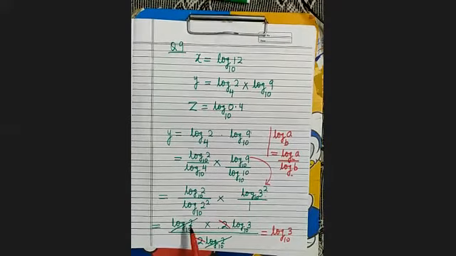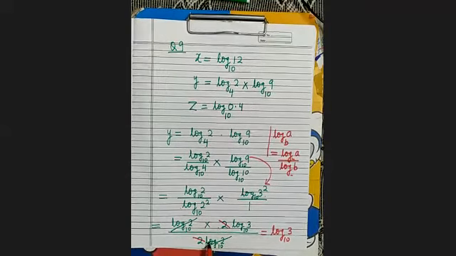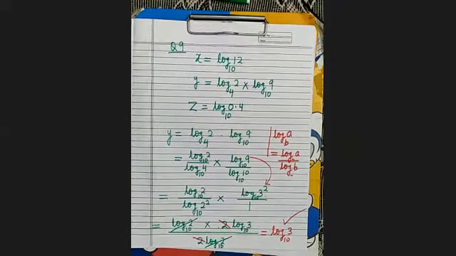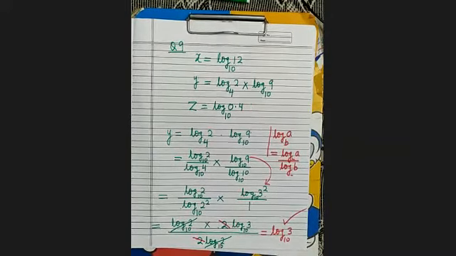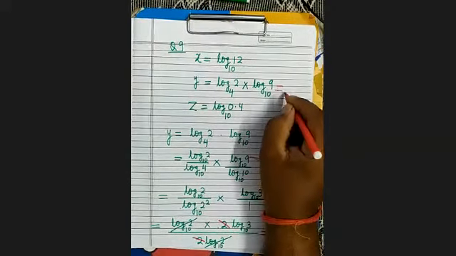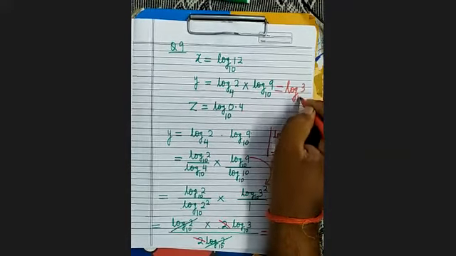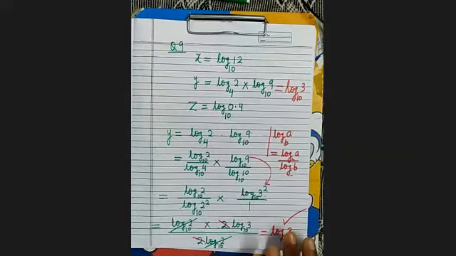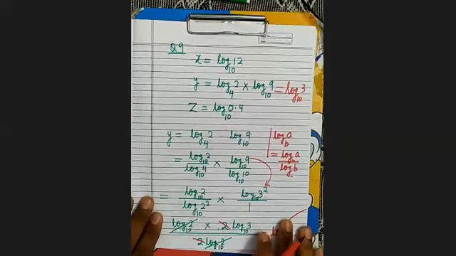In the next step, it is log 2 upon 2 log 2, the 2 will come before, and this is 2 log 3. So you can see log 2 cancels, 2 and 2 cancel. What is left? This is left. मतलब ये क्या आ गया यहाँ पर log 3 to the base 10. Now it has become same as questions 7 and 8.